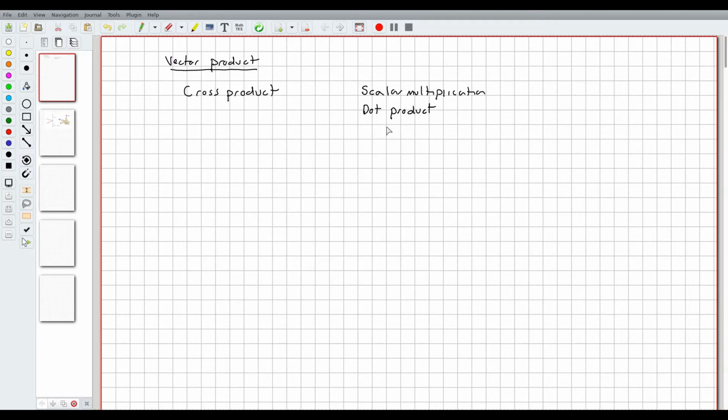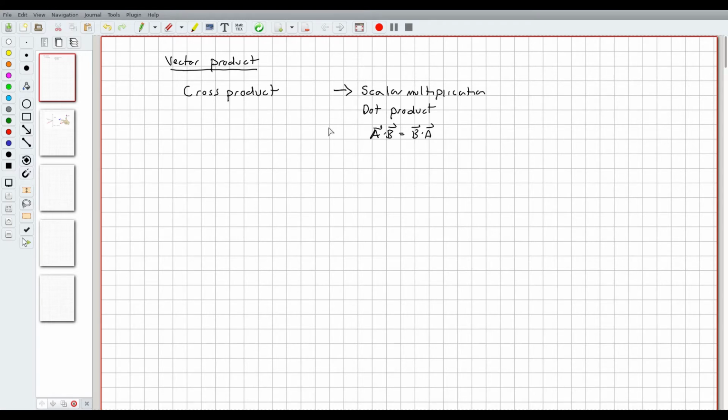When you take the dot product between two vectors, and remember it's a reversible process, A dot B is equal to B dot A. One way of visualizing it is that it gives you the length of one vector along another vector. The cross product is a little more complicated than that.